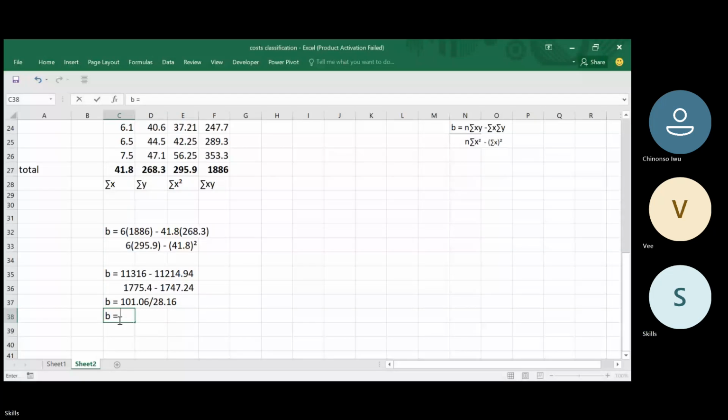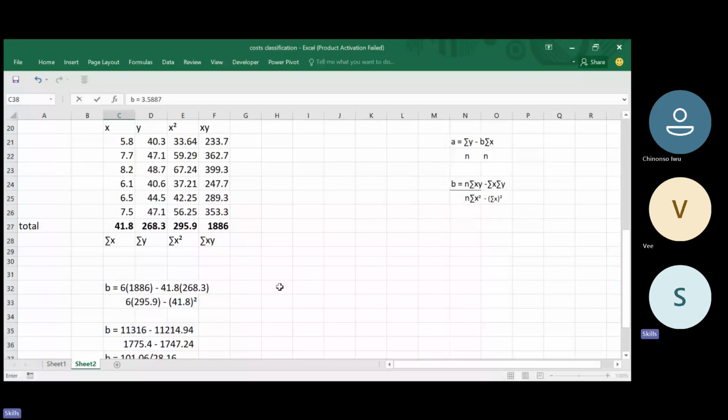You have 3.5887. So now you know the value of B. With this value of B now, you can determine the value of A.